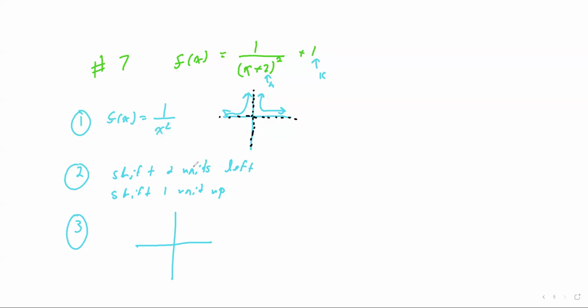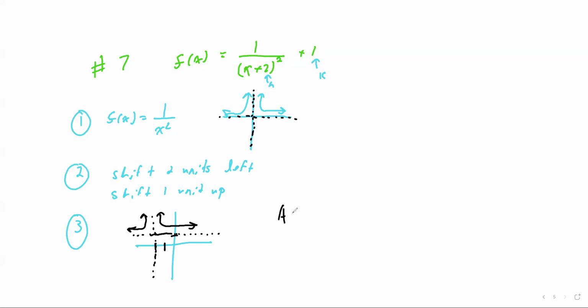So this says shift 2 units to the left, so I'm going to shift this vertical axis 2 units to the left. This horizontal one, I'll shift up 1 unit. And then the branches are still going to kind of be in the same area, but now we're not dependent on quadrant as much as we're dependent on those new asymptotes.